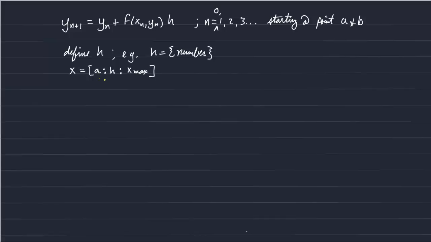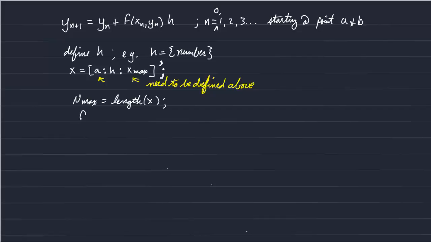So of course A and x max need to be defined. And I like to make this a column vector by putting a prime there, and then we put our semicolon, so when we run it, we don't see the whole vector display on the screen. And so we might create a variable called nmax, equal to the total number of elements in our vector, and that would be length of x.